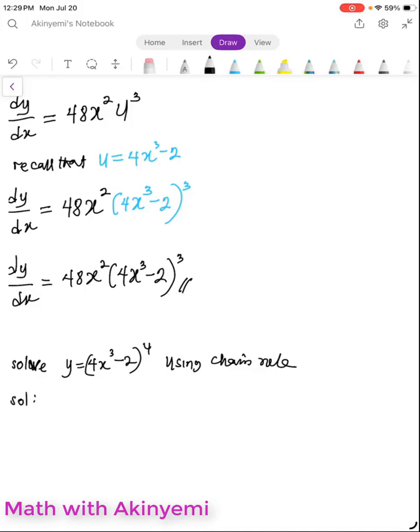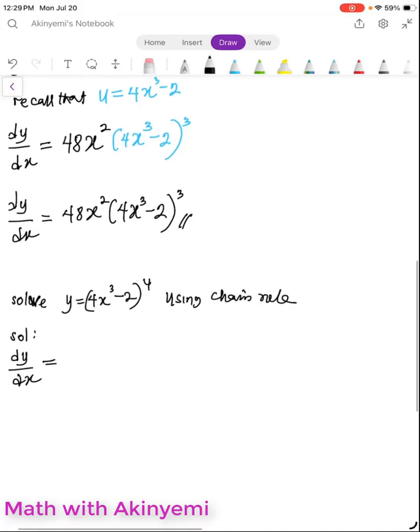Solution: dy over dx is equal to, so what should we do? We take this 4, we bring 4 down, which is this power 4.